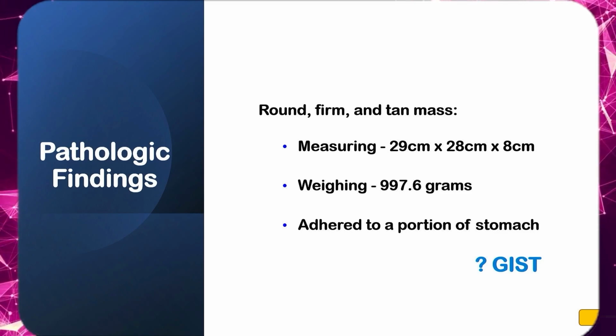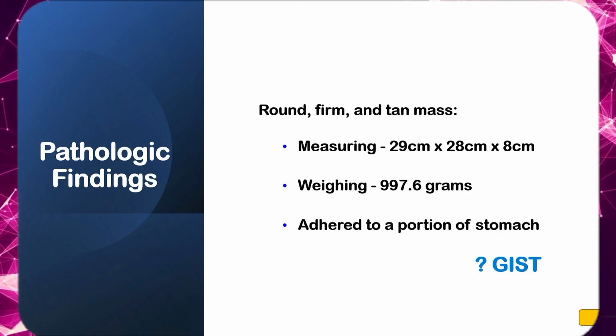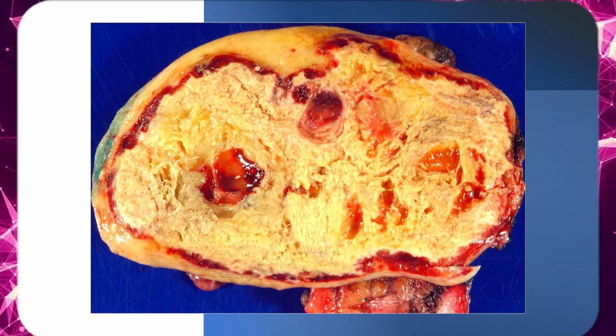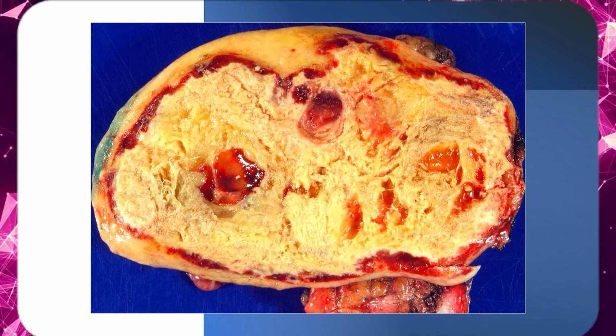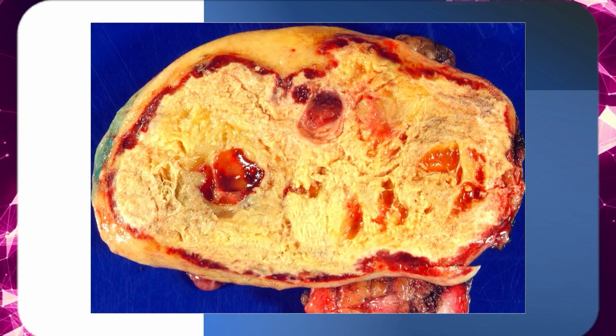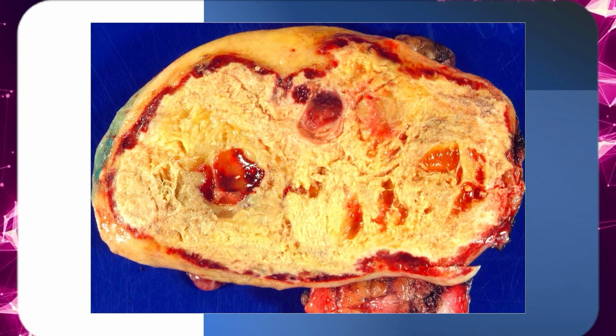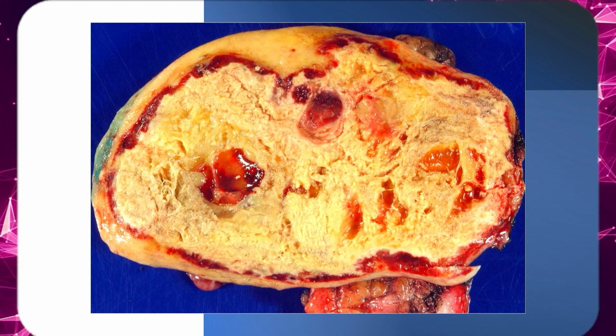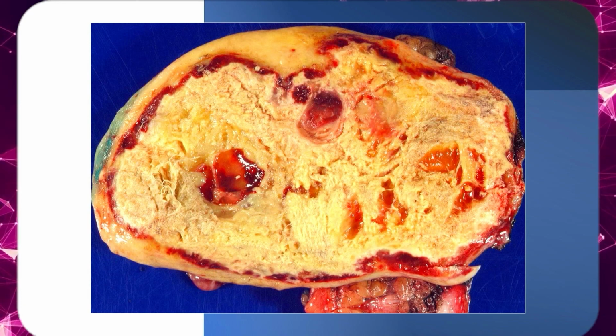And it was adhered to the greater curvature of the stomach. So here's the tumor which was sent to us. It is nicely encapsulated, a 29 centimeter mass almost weighing a kilogram.